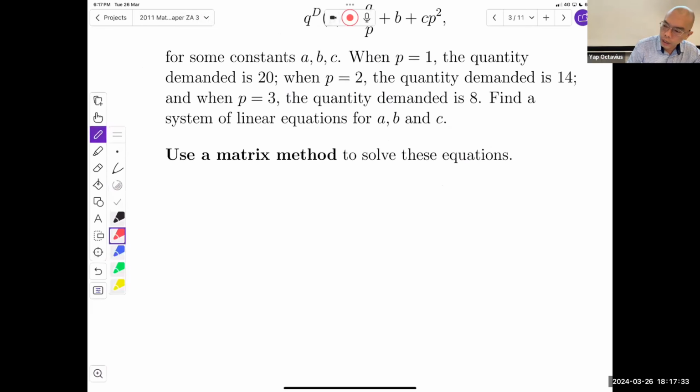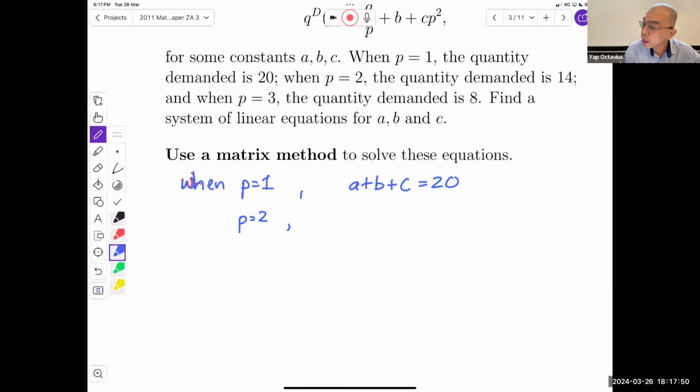So when P equals 1, then you get A plus B plus C equals 20. Then when P equals 2, you should get A plus 2B plus 8C equals 28. So these are the 3 equations that you need.